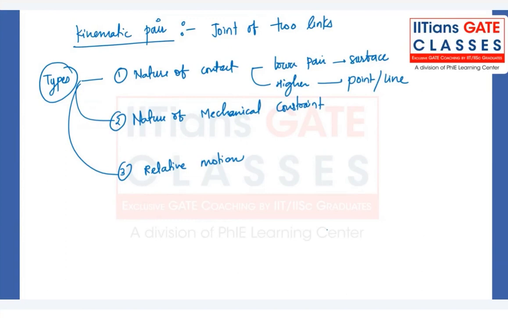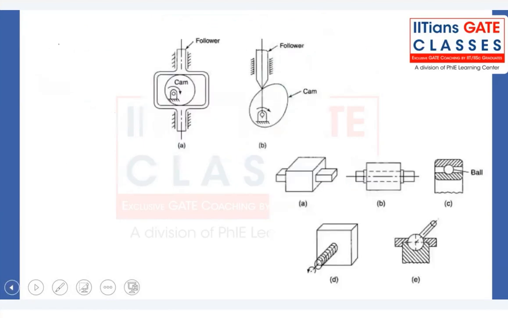Coming to the second type, depending on the nature of mechanical constraint, we have closed or unclosed pairs. Let me go to the next slide to explain this. Depending on the nature of mechanical constraint, this is unclosed.